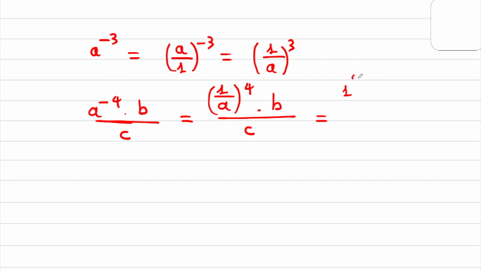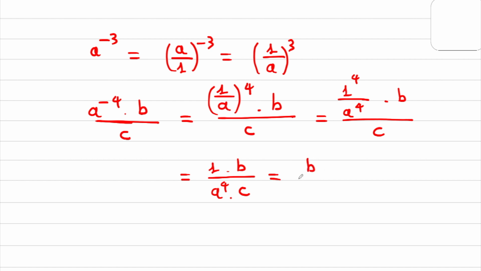It becomes 1 to the power of 4 and a to the power of 4, like this. So here is c, and after that you have 1 times b over a to the power of 4 and c here, and then you will get b over a to the power of 4 multiplied by c.